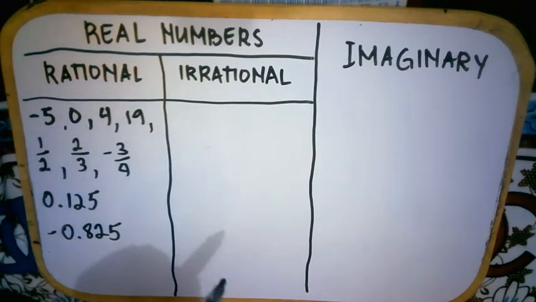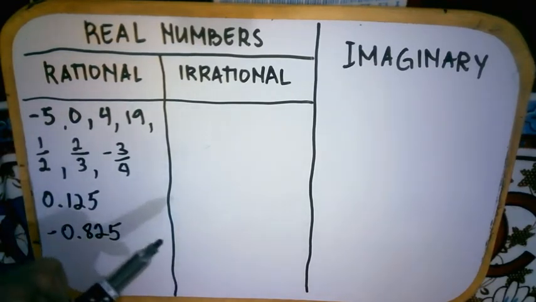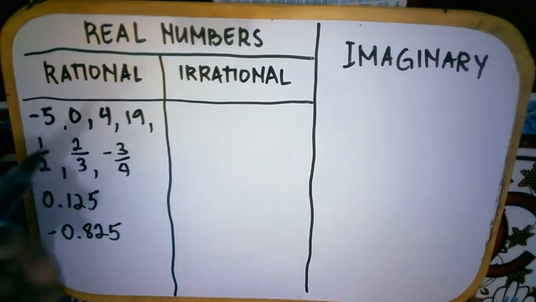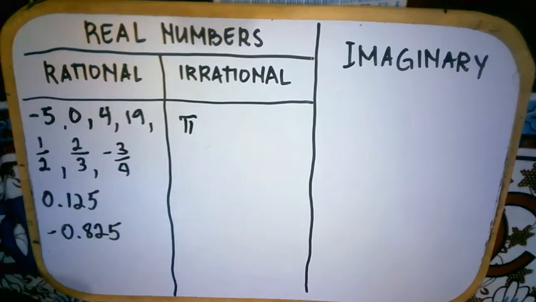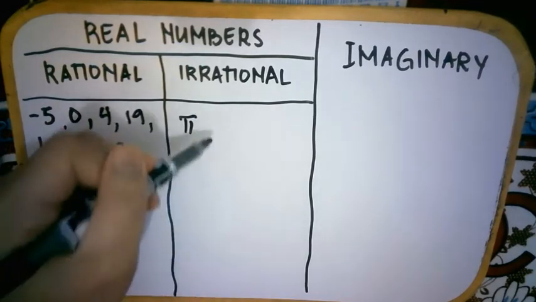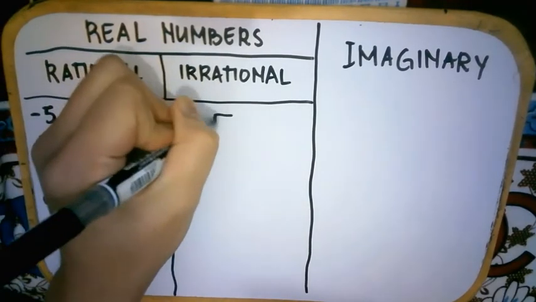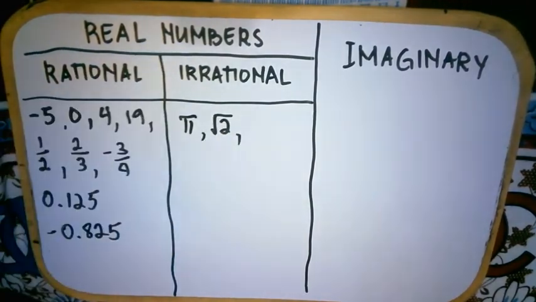Next is irrational. So one of the most famous irrational numbers is pi. So ito yung 3.14, and so on and so forth. And then we also have square root of 2, so that is irrational.